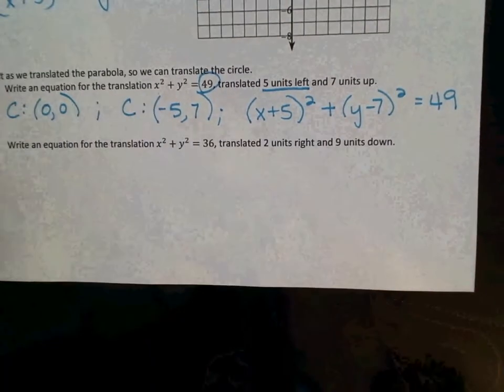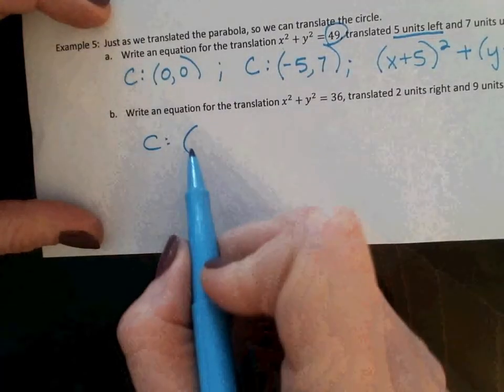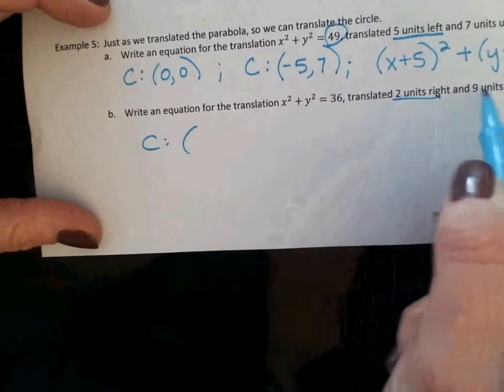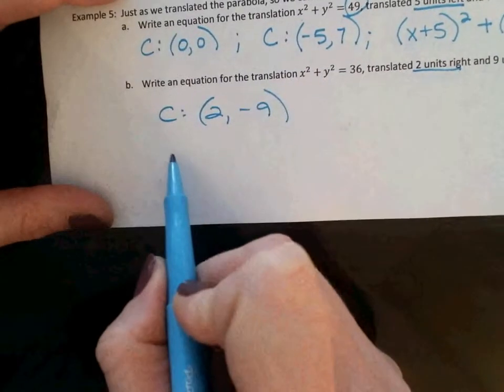Right. So we have the same center, 0, 0. What is the new center? Amanda? 2, -9. 2 units right, 7 units down, 2, -9, good.